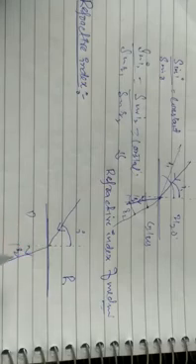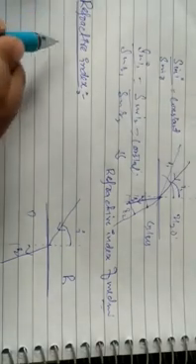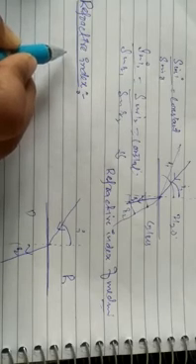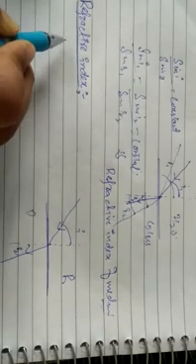And if a medium has more and more refractive index, that means the speed of light in that medium is very small. So refractive index is actually how much the light bends in a medium, and it has been defined as the refractive index.